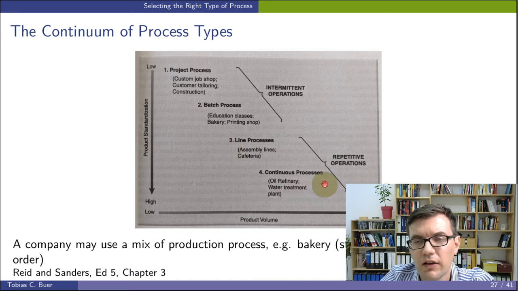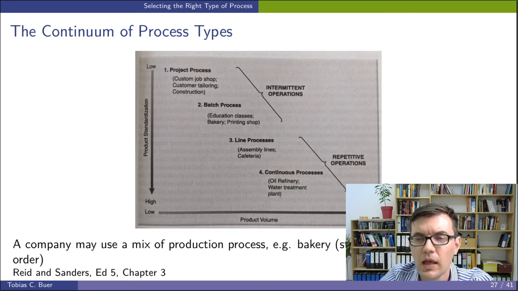And finally, we have continuous processes with a high output volume and a high degree of standardization, and many oil and gas products are produced in a continuous process. So for example, the oil refinery is an example for a continuous production process.